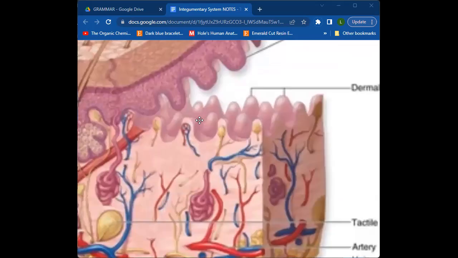So you can see that there actually are some blood vessels and nerves in the papillary layer, but just not quite as much as there are in the reticular layer.